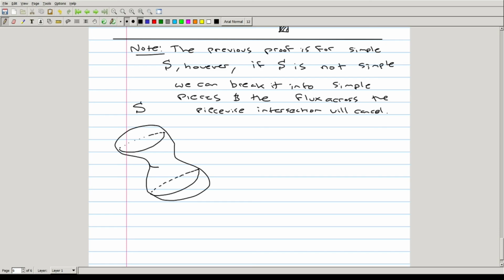We can introduce a cut, which we'll call M, which is the surface that's bounding these two pieces. We'll call the top piece S1 and the bottom piece S2.